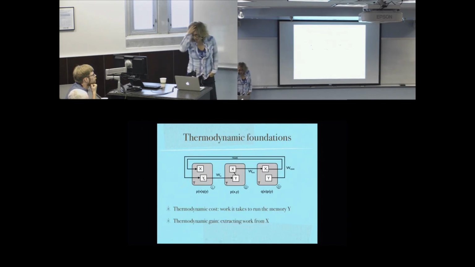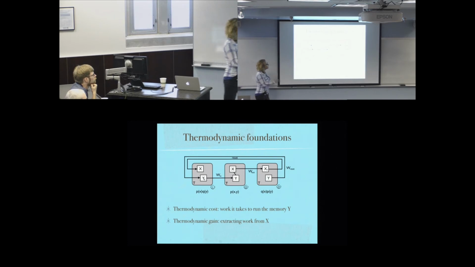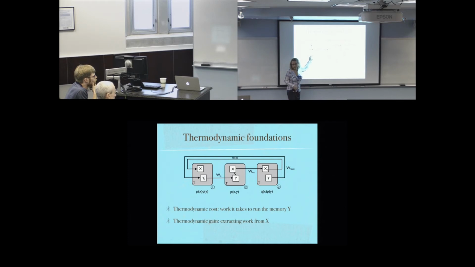Okay, now thermodynamic foundations for this. So again, there's a lot of detail here which I'm going to skip. But let's say we're running a memory and we're using this memory or this measurement to extract work out of a system. So X is going to be our work medium, our system that we can extract something out of. Y is going to be our memory. We start in a state where the joint distribution factorizes, so they're not correlated. So Y is in this Y0 state, and I'm giving this the Q of Y here instead of P of Y, because I want P of Y to simply denote the marginal of the joint distribution after I have correlated them.